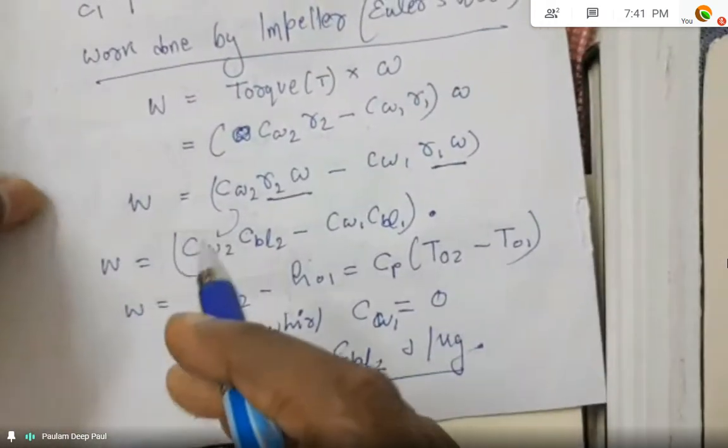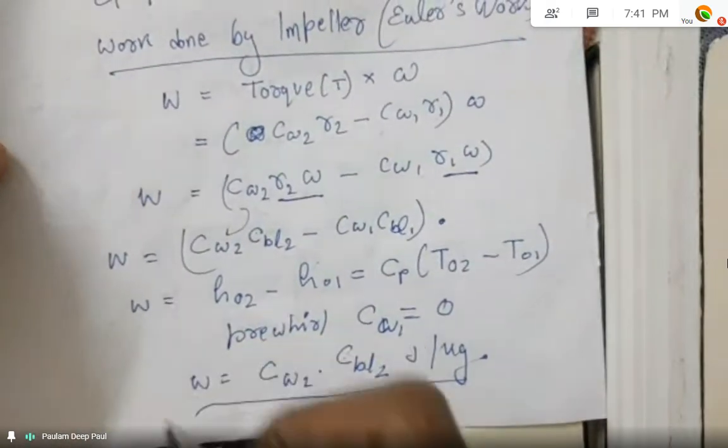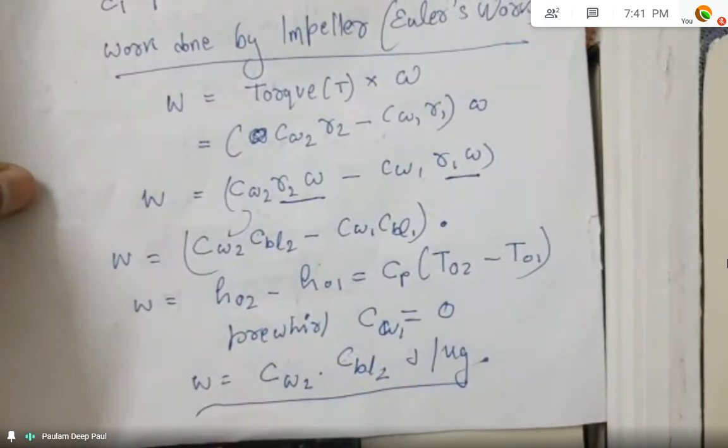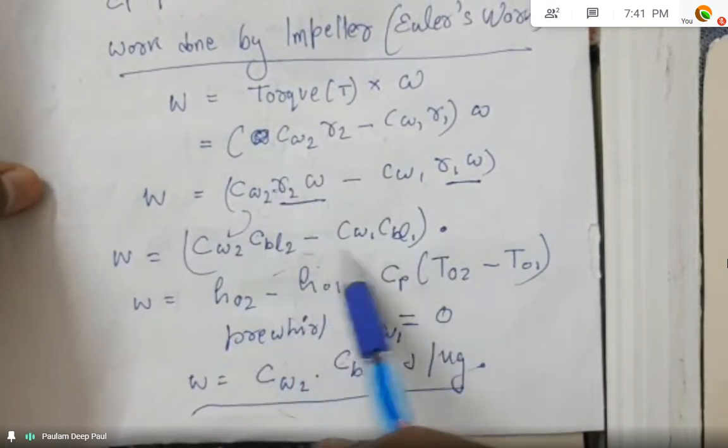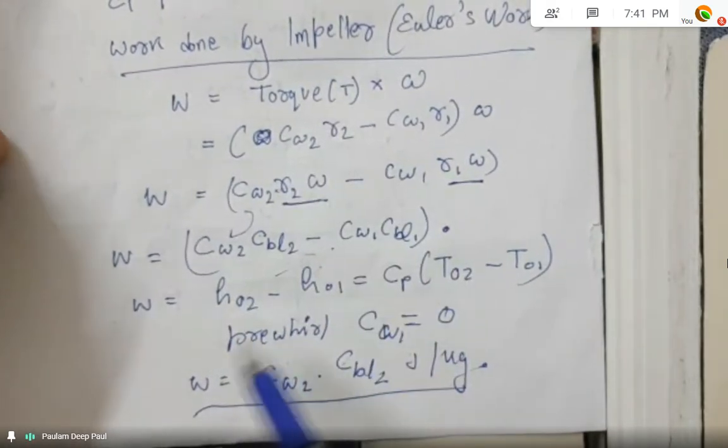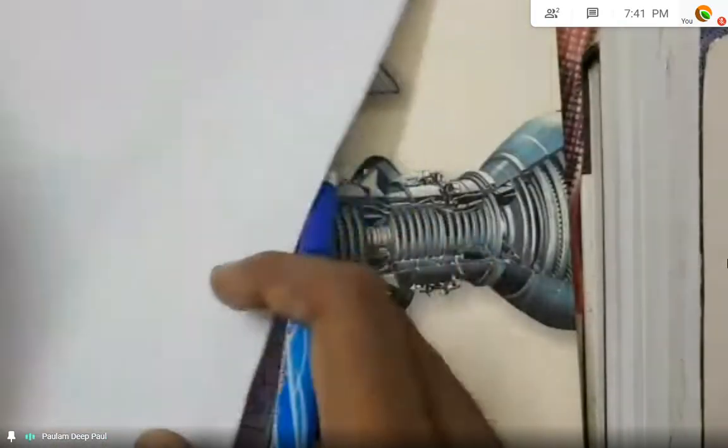We can put the relations of this and this by using the inlet and outlet velocity triangles, just as we have used for the axial flow compressors.